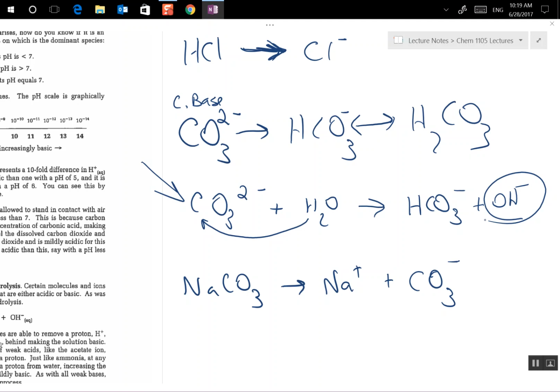So, what about C? It'd be about 7. So sodium is not going to act as an acid or base. And the conjugate acid of NO3 is HNO3, but HNO3 is a strong acid, meaning that it dissociates 100%.